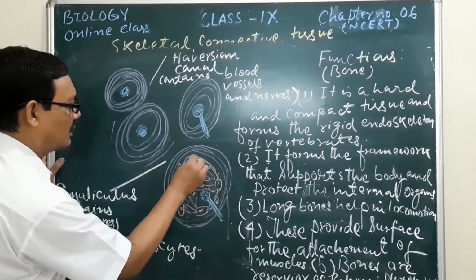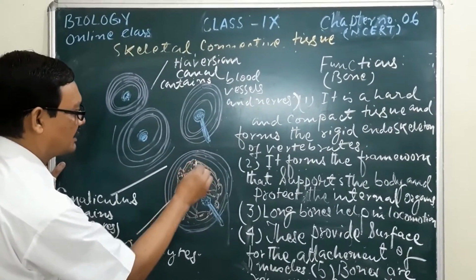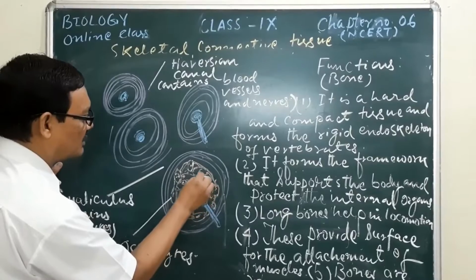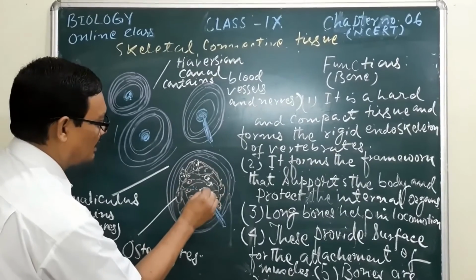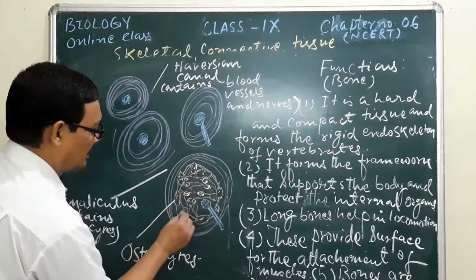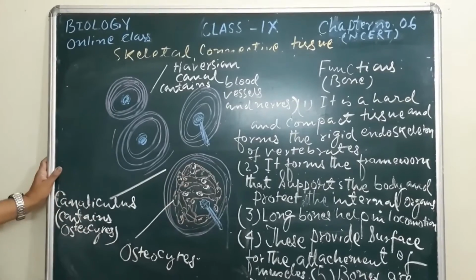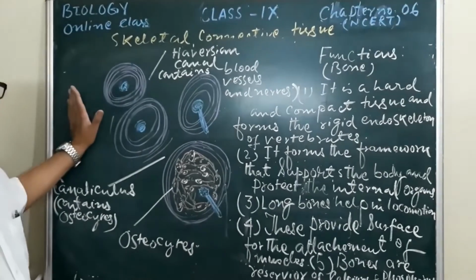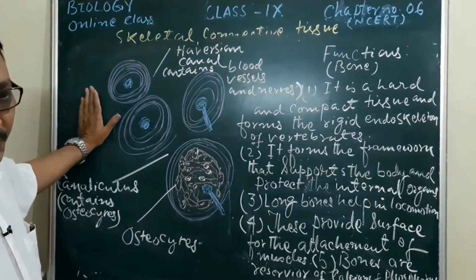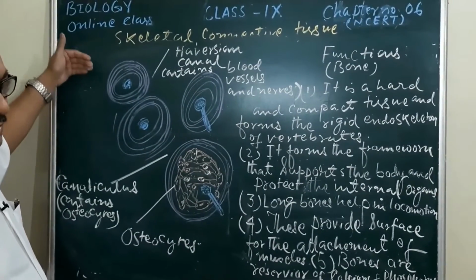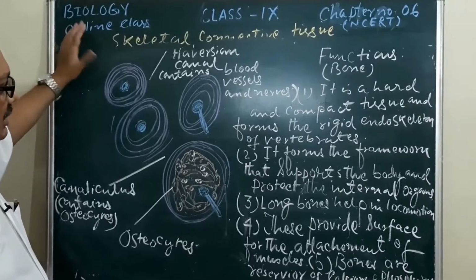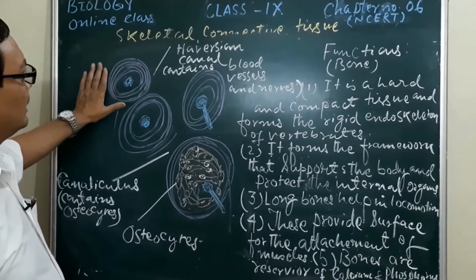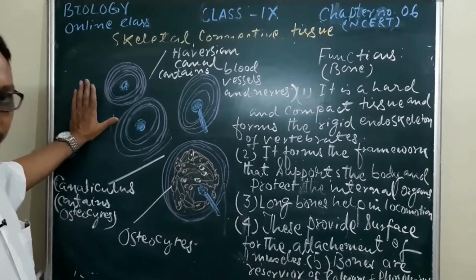These are the osteocyte cells shown here in this diagram. So this is the description of bones, and before this we studied about the cartilage. Now in this way our skeletal connective tissue is completed.